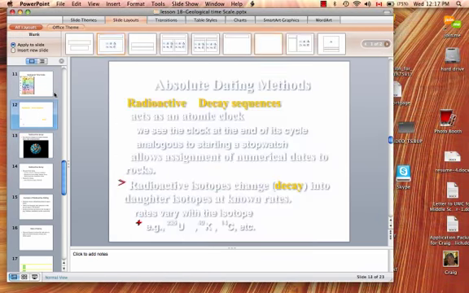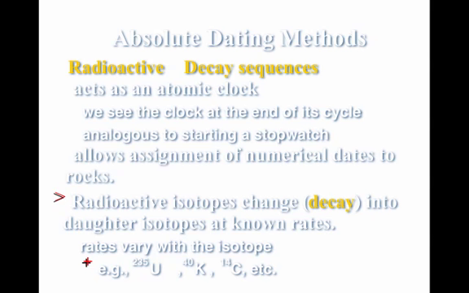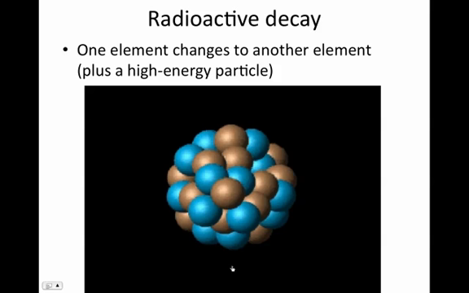Absolute dating, as I talked about before, would give an exact date. And one technique scientists use is called radioactive decay. It acts like a time clock, almost like a stopwatch. Radioactive isotopes of certain substances break down or decay into what we call daughter isotopes at known rates. For example, uranium-235, potassium, carbon-14.